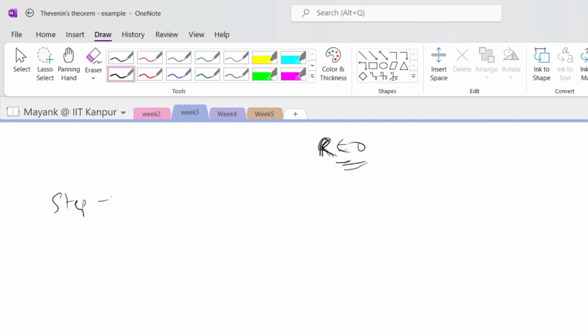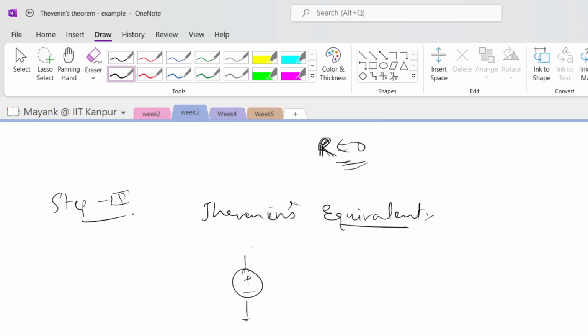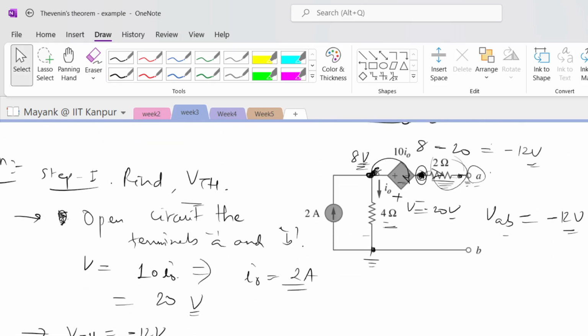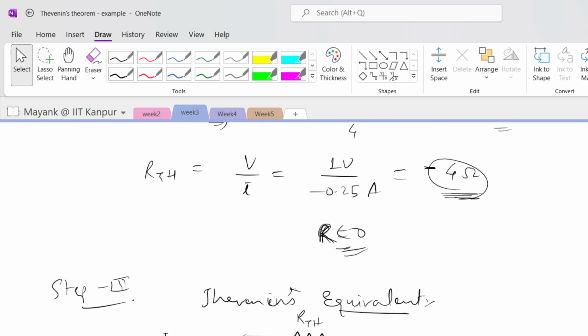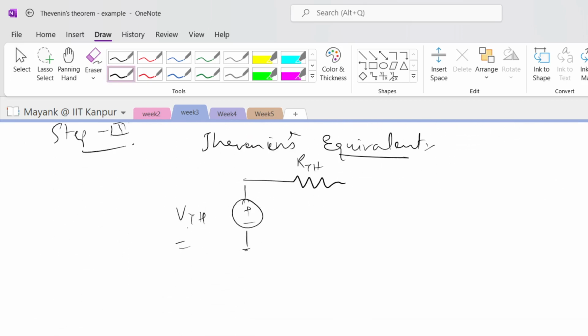Step 3 is my Thevenin's equivalent. So this will become of this kind, right? There will be a voltage source, there will be a resistance. This is R Thevenin, this is V Thevenin. And what was V Thevenin equal to? It was equal to minus 12 volts, isn't it? So minus 12 volts.